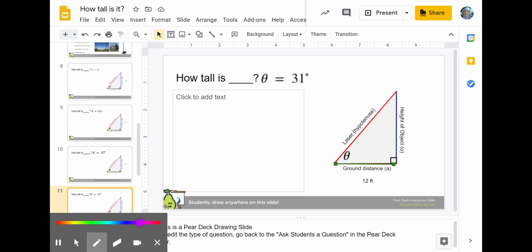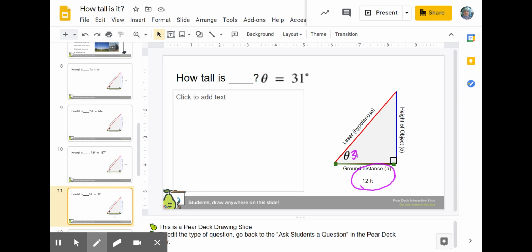So here we know 31. So now we have the adjacent side. So if I have the adjacent side, I can do cosine and I can do tangent, but I can't do sine because I have to find that opposite side.